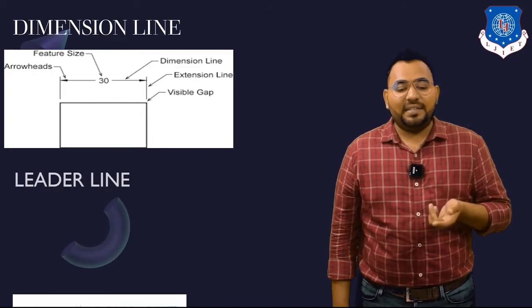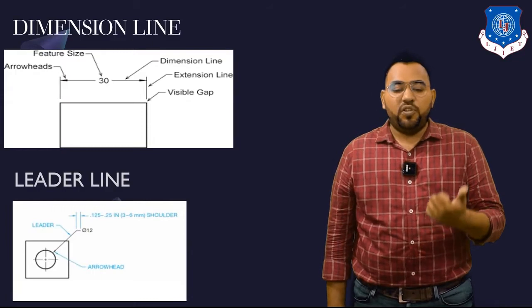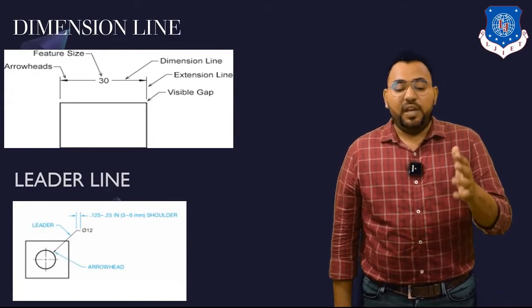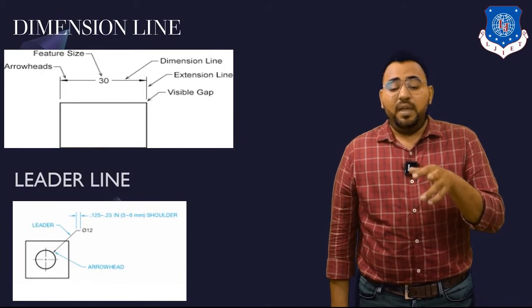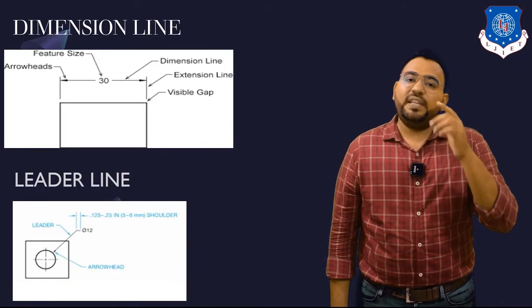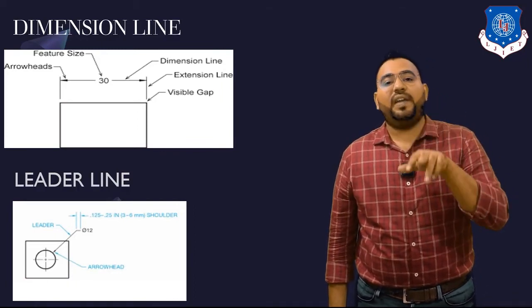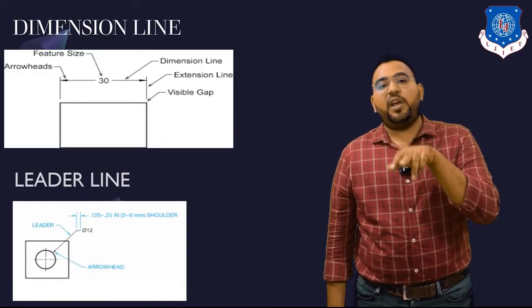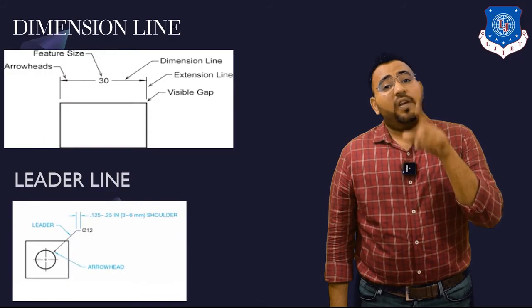Now the next and last line is called leader line. Leader line is used for showing the diameter of an object. As you can see in the figure, there is a circle, and I have applied a center line there. There is one arrowhead at 45 degrees, and then 512 is written. That arrowhead at 45 degrees is known as leader line.